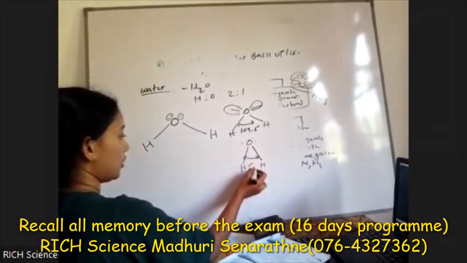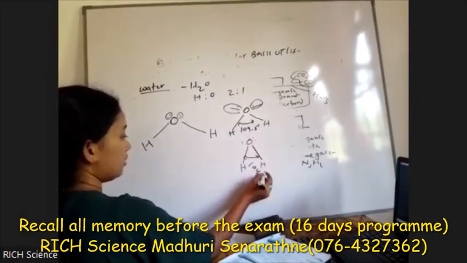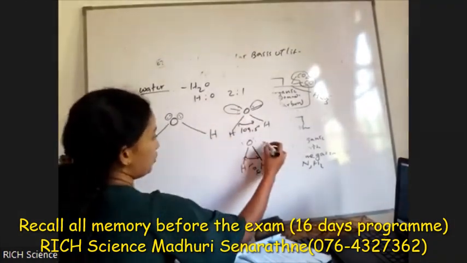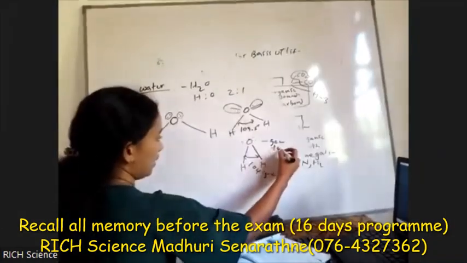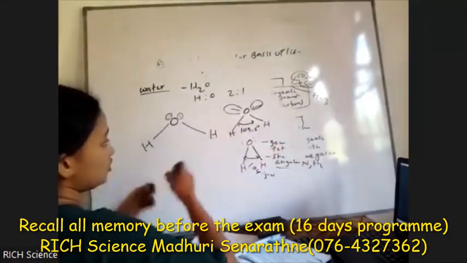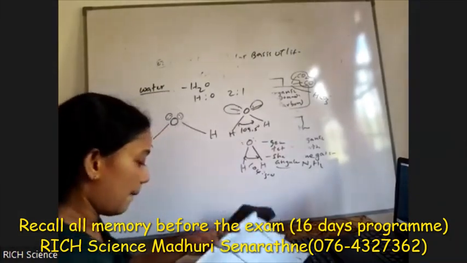Therefore, in the water molecule, it is 104.5. Okay. So the geometry is tetrahedral, but the shape is angular. This is the chemical structure of the water molecule.